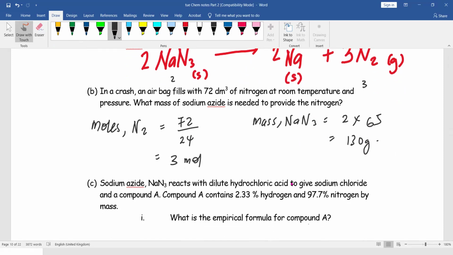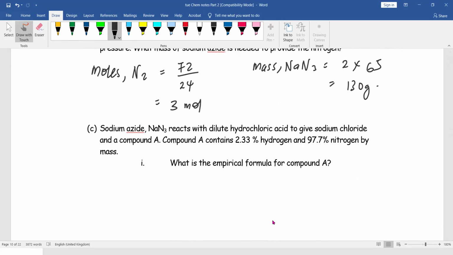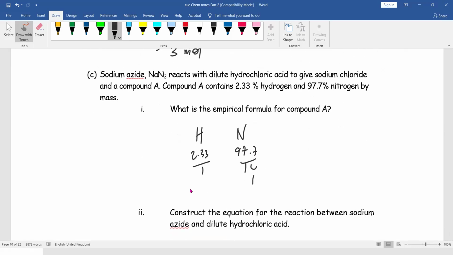Okay. What is the empirical formula for compound A? So hydrogen and nitrogen, 2.33 divided by 1, 97.7. Wait, I'm showing the 22.33, and then this is 97.7 divided by 14.